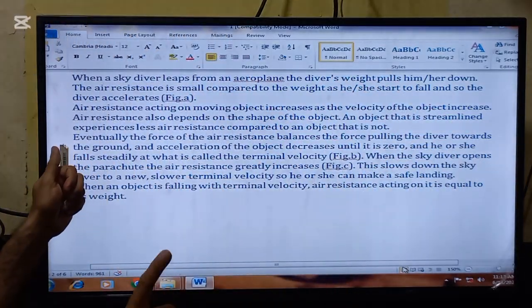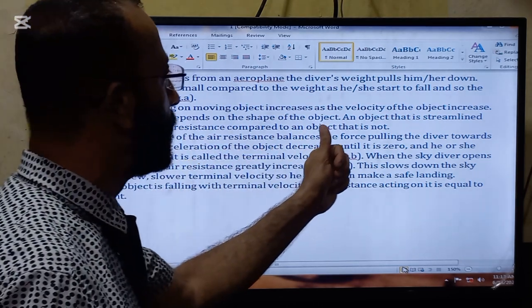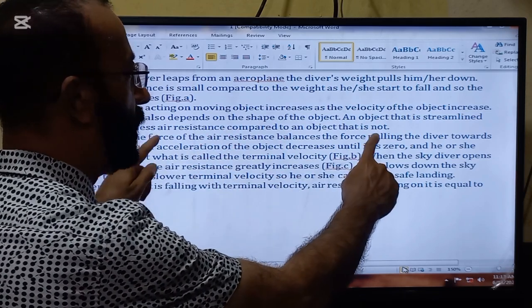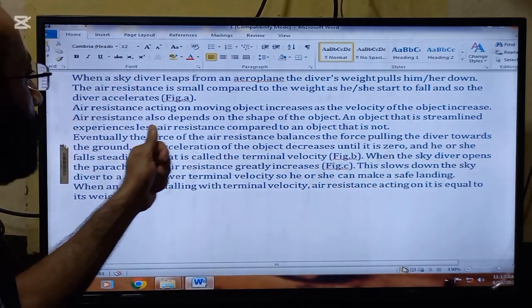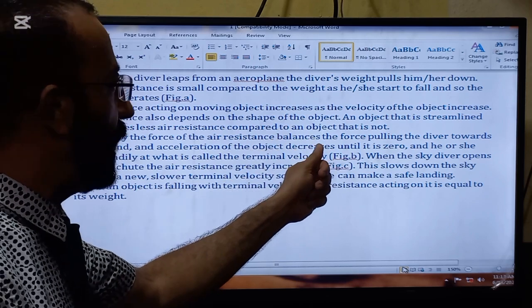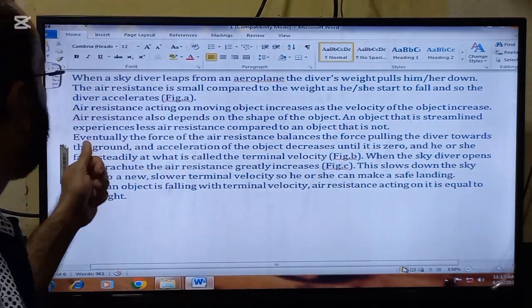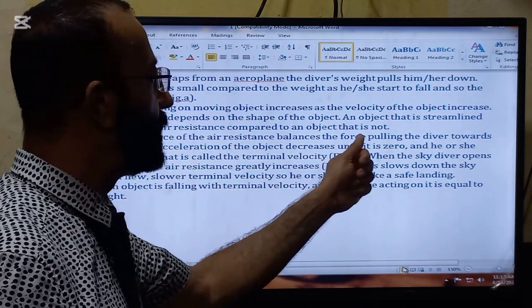And air resistance also depends on the shape of the object. An object that is streamlined experiences less air resistance compared to an object that is not.